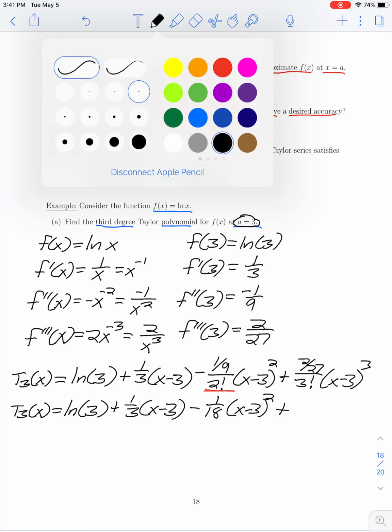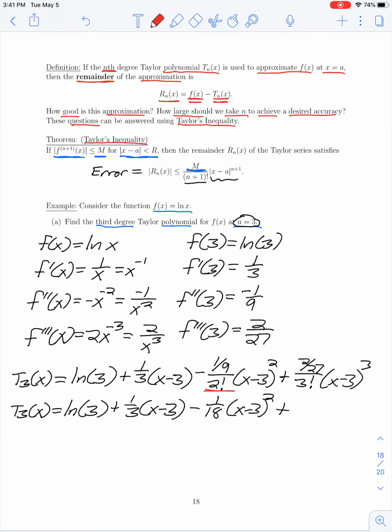Plus, let's look at this last term. We have 2/27 divided by 3 factorial. Now recall 3 factorial is 3 times 2 times 1. So if I cancel my factor of 2 in the numerator with this factor in the denominator, I'm left with 1 over 27 divided by 3, or 1 over 81 times (x − 3) to the third power.